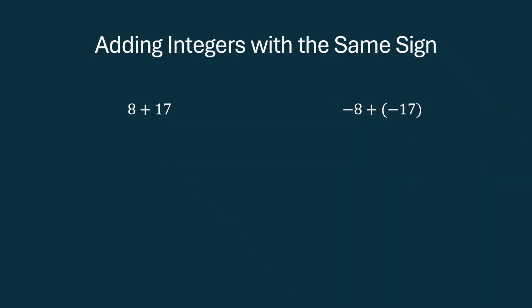So to look at another example, 8 plus 17, two positives being added together, that's going to equal a positive. We're just going to add those together like normal to get positive 25. But when we have negative 8 plus negative 17, first step, add their absolute values together.